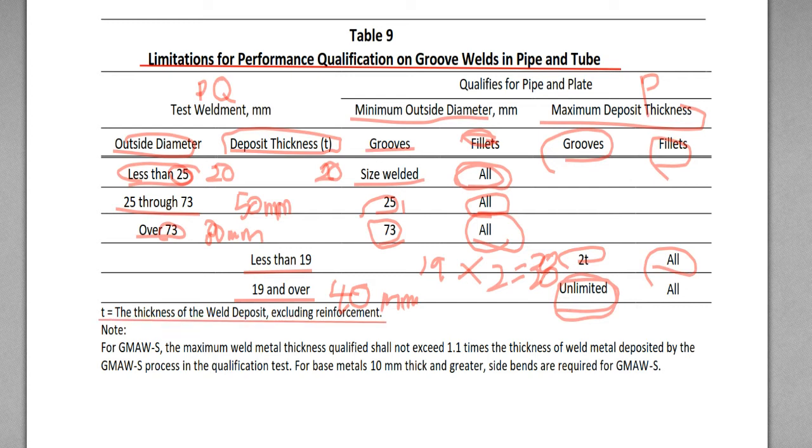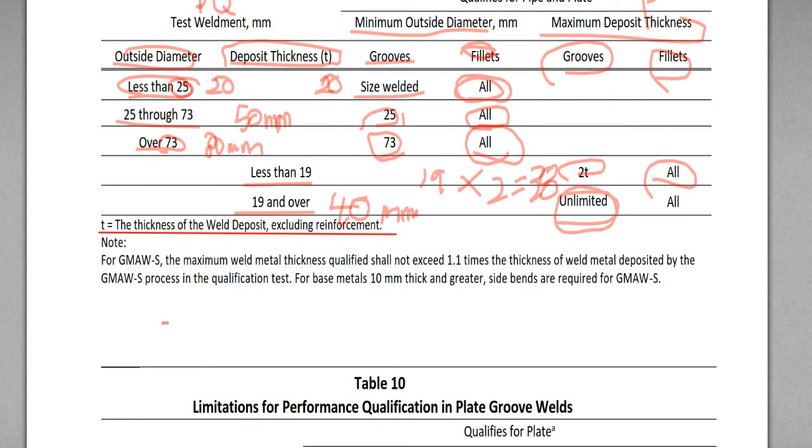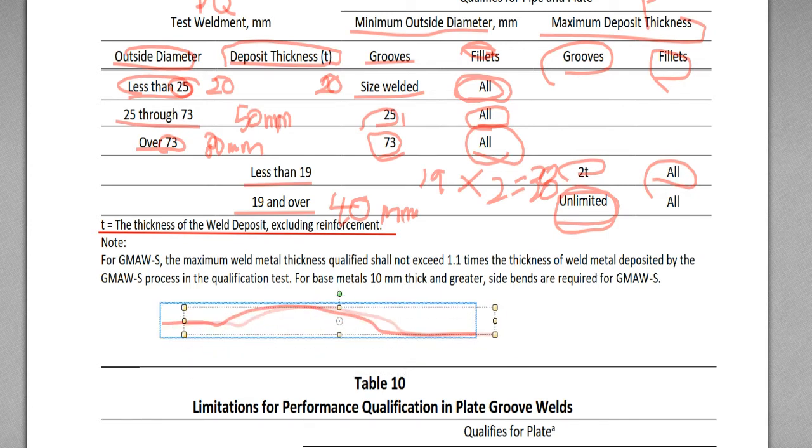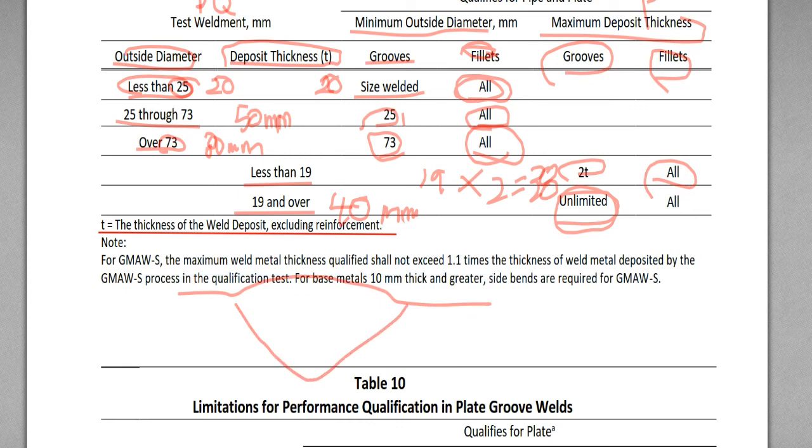So small t means the thickness of the weld deposit excluding reinforcement. This is base metal and this is weld metal, and this part above the outside surface of the weld and inside the surface of the weld, excluding this reinforcement.